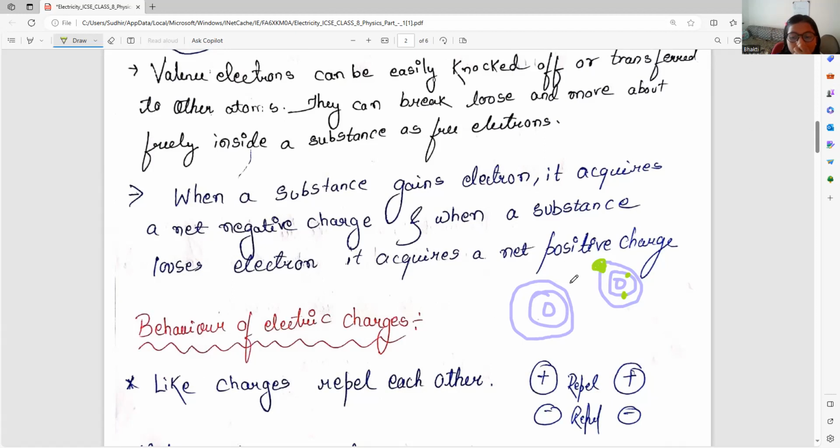Due to conduction, when they are touched together, this will attract electrons towards it. When they are touched, the electrons will pass. But electrostatic force is induction type, and I'll explain it later. So the substance will gain electrons.